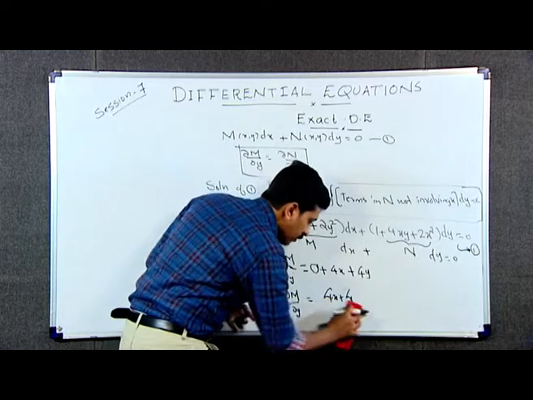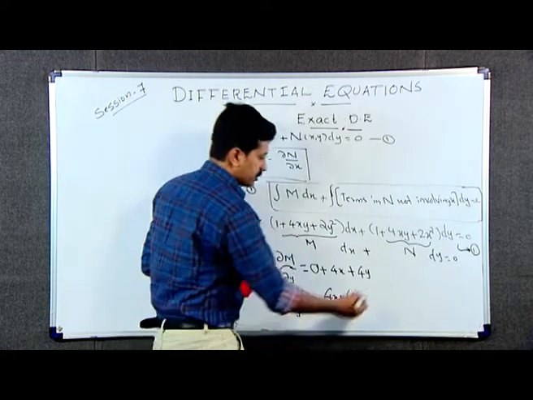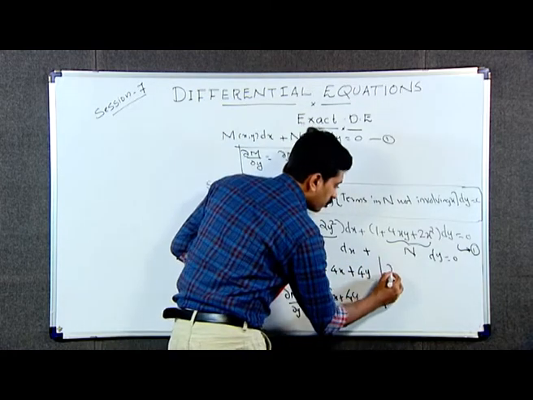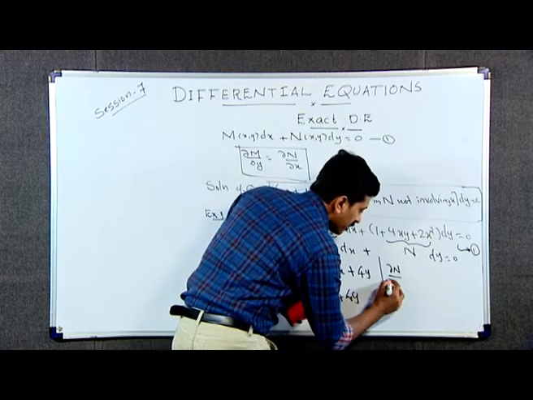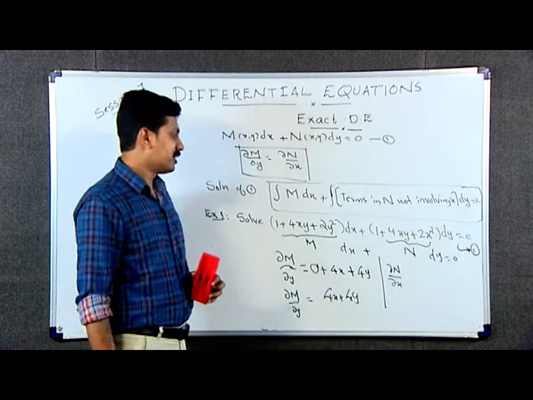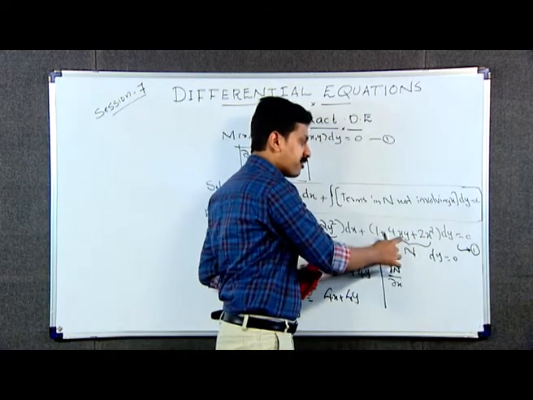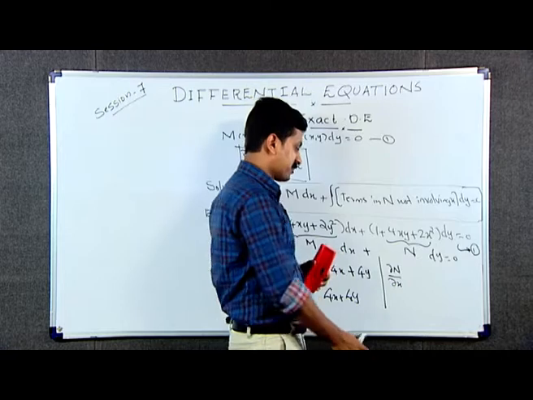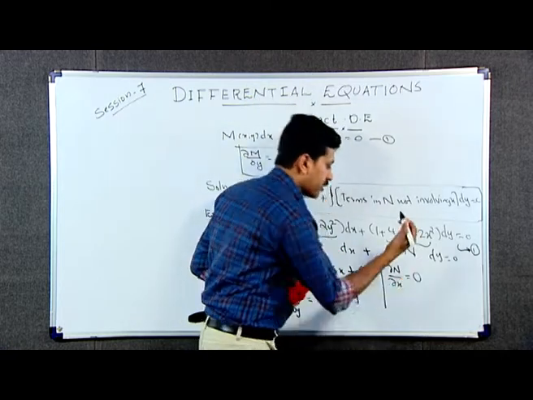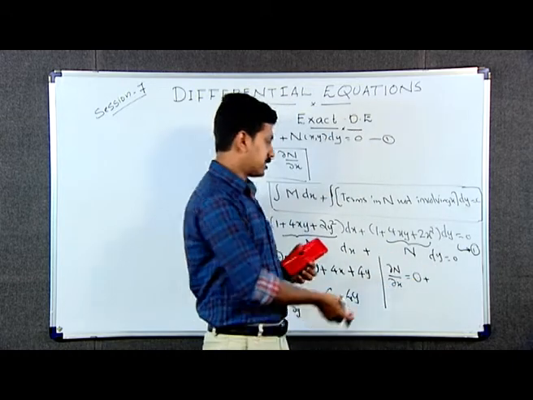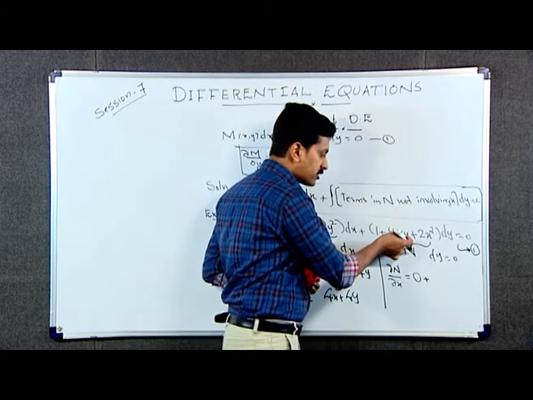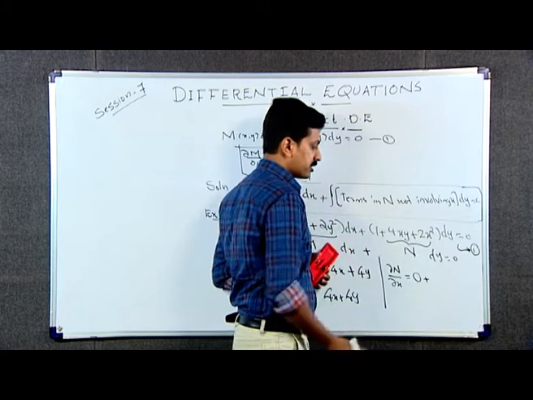Now I am taking ∂N/∂x. Our N is 1 + 4xy + 2x². Here 1 is a constant, therefore its derivative is 0, and we are partially differentiating with respect to x. As I said earlier, x is the only variable and all the remaining things are constant.